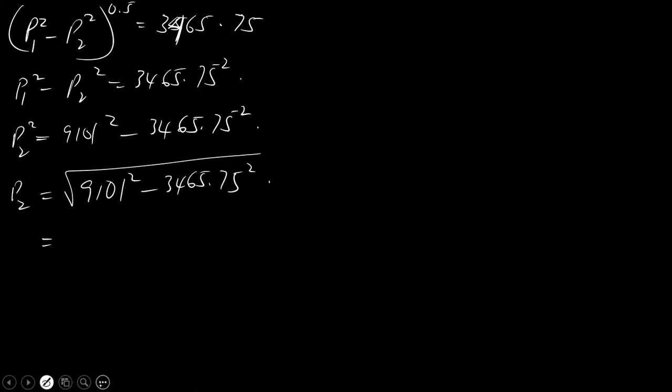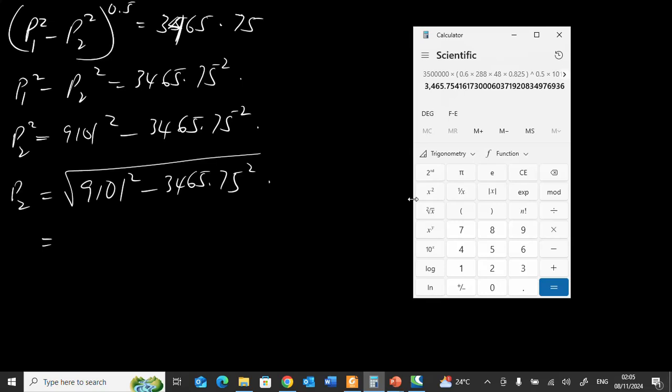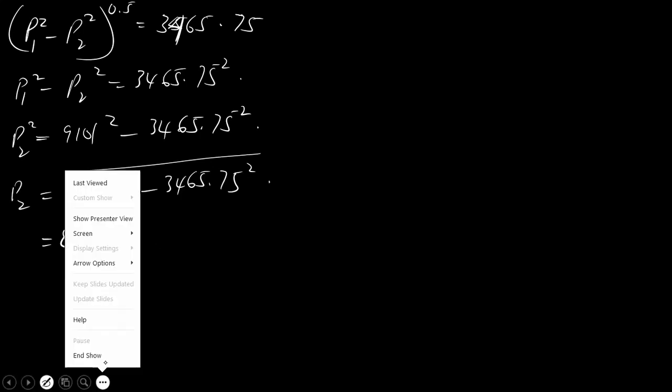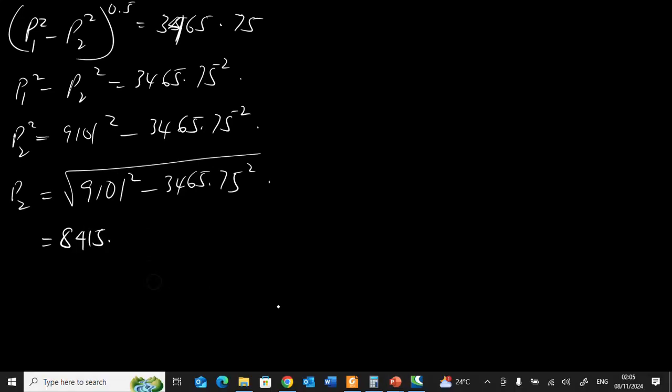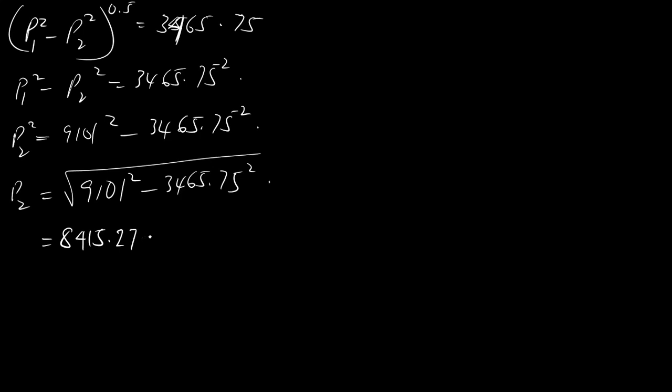So let's now use our calculator. So we have the whole of this square, minus 9101 square, equal to, and taking the square root is 8415.27 kilopascal.